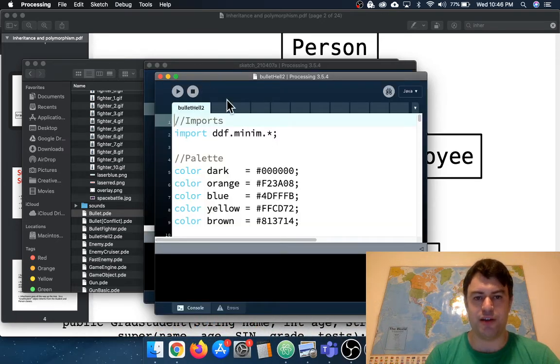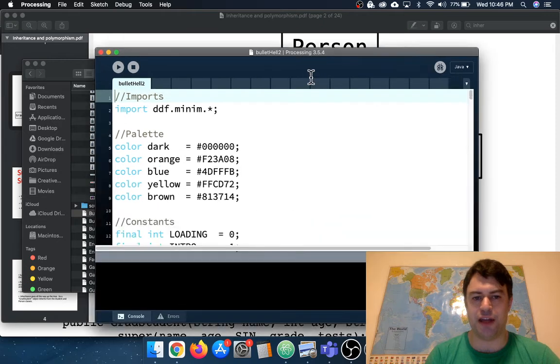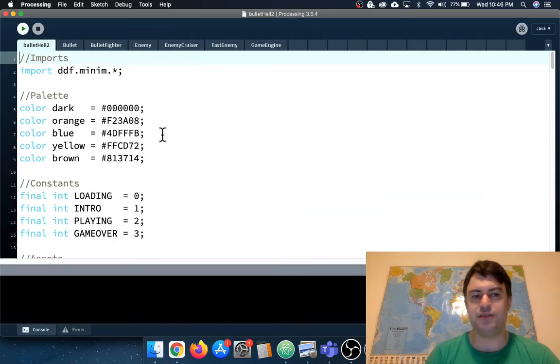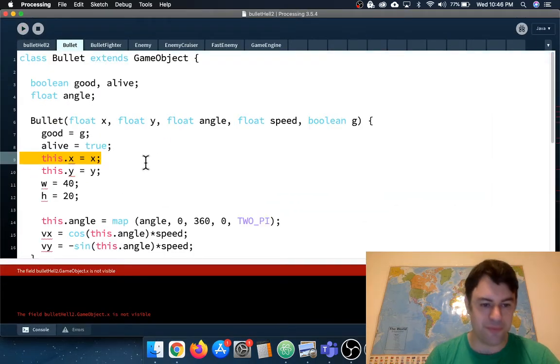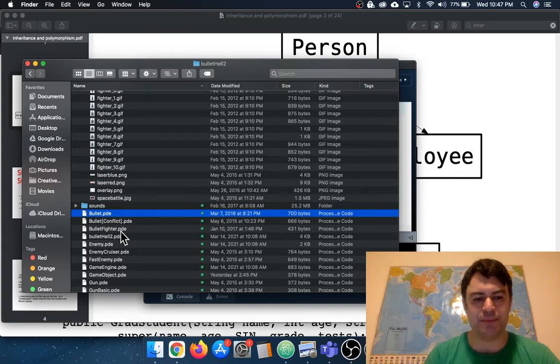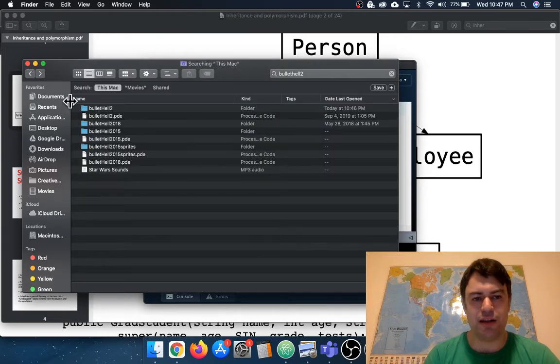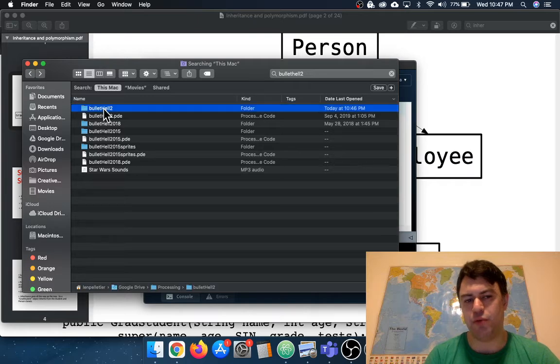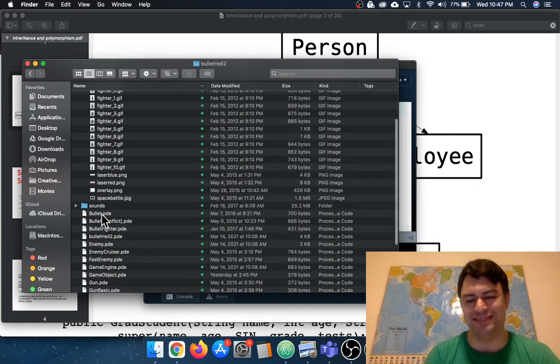So here we are in our bullet hell game. I'll just quickly run it just for us to see it in action. Oh, I think I have an older version here. That sucks. Yeah, maybe I won't be running this.